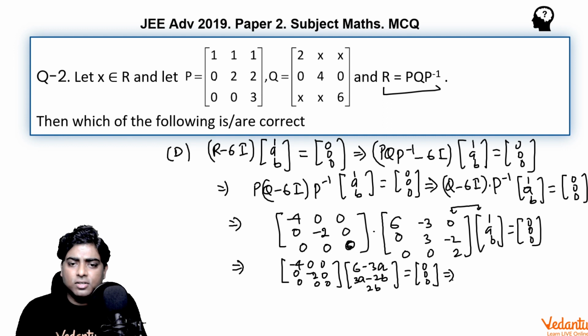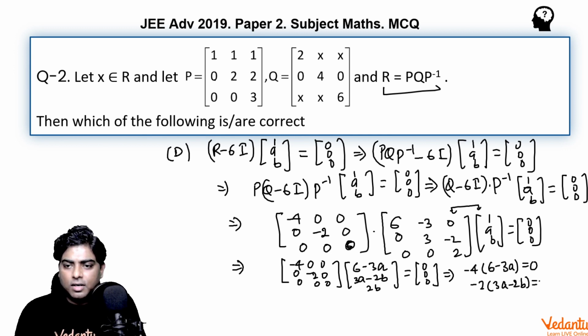Comparing both the sides, you will get minus 4 into 6 minus 3a is equal to 0. Second element, 0 into 6 minus 3 into minus 2 into 3a minus 2b is 0, and 0 equal to 0 from the third row.